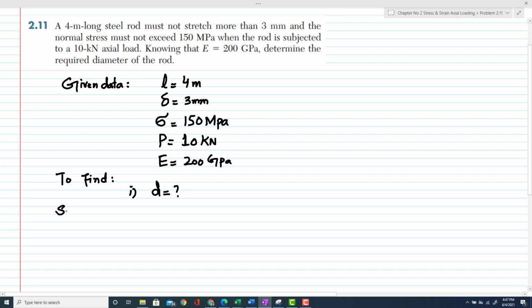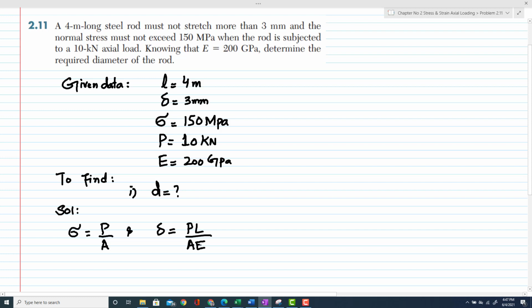So let's start with its solution. Based on this given data, as we know that stress is equal to load per unit area and elongation formula is equal to PL divided by AE.